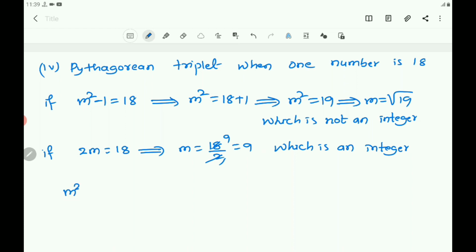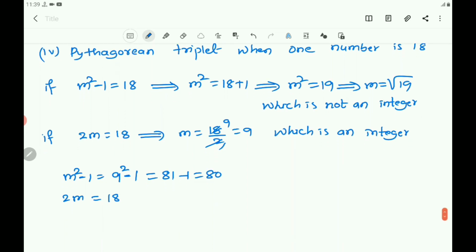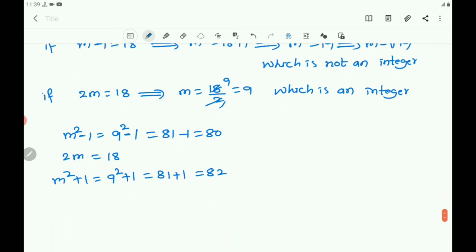First one you find m square minus 1. M value is 9. So you write 9 square minus 1, that equals 9 square is 81 minus 1 equals 80. Second 2m, that is 2 into 9, 18, that is given. Next one is m square plus 1, that is 9 square plus 1. 9 square is 81 plus 1 equals 82.